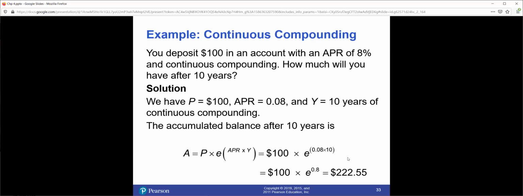Again, we're going to follow PEMDAS here, so we're going to do the parenthesis of 0.08 times 10 to give us 0.8. Raise Euler's notation to 0.8, multiplied by 100. We find out that after 10 years, a $100 investment is now worth $222.55. Very simple math. The equation looks scary, but when you sit down, it takes half a second to do, and the equation ends up not being that bad.